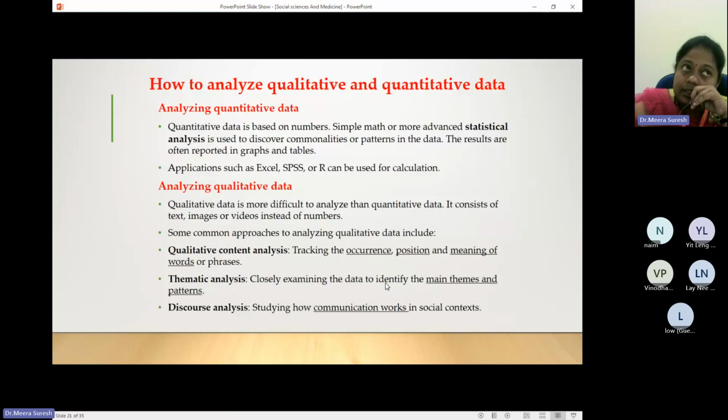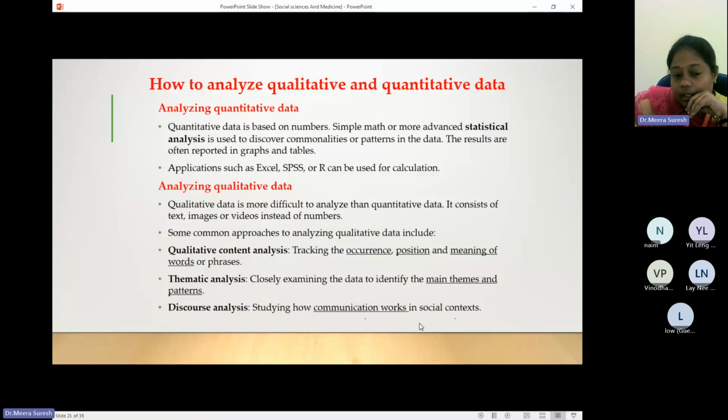But there are words like sleeplessness, not interested in doing anything, postponing the work to be done, and not interested in social activities. So these are some common themes, and then you can say these themes are going towards depression. So a thematic analysis can be done, and also discourse analysis, studying how communication works in a social context.